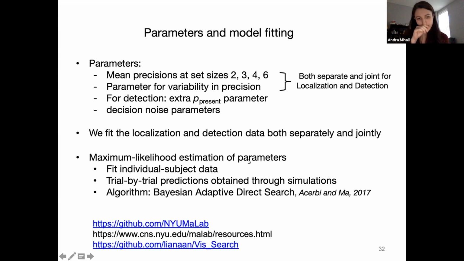We fit individual subject data. We get trial by trial predictions through simulations, and the algorithm for optimization that we use is Bayesian adaptive direct search, developed by Luigi and Weiji. And we have resources on the lab's GitHub, as well as on the MATLAB website resources, as well as on my GitHub for how we implement all this.